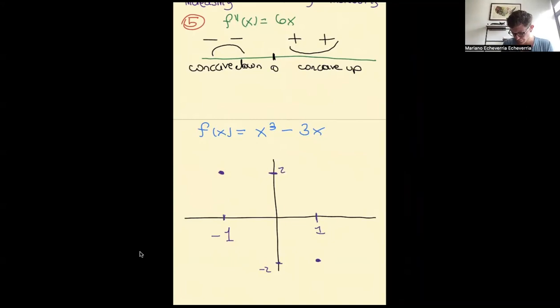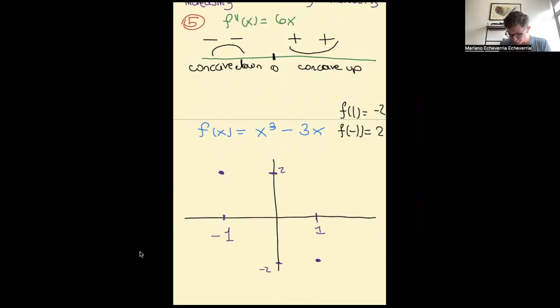Right, so I'm just saying that f of 1 is -2 and f of -1 is 2. Is that making sense? Everyone is okay with that? And okay, cool.